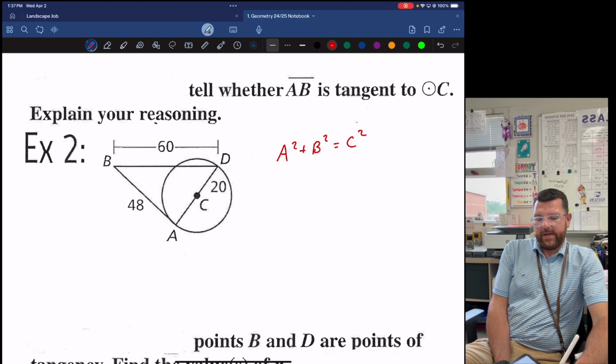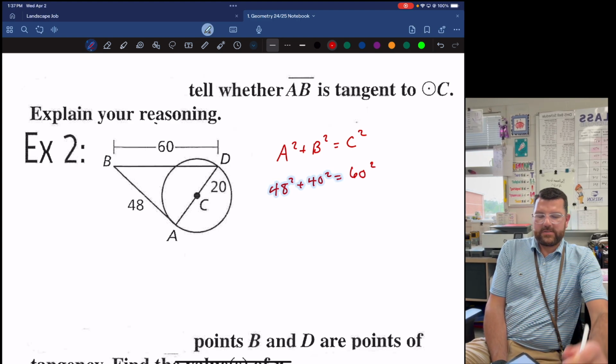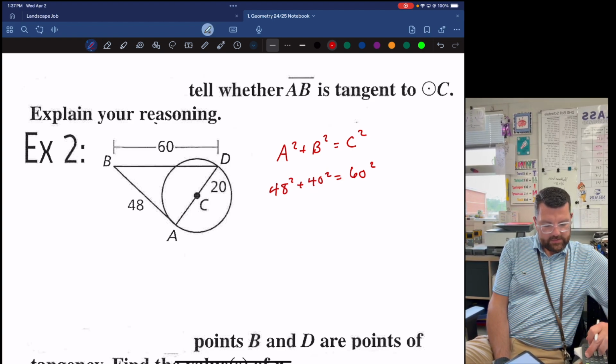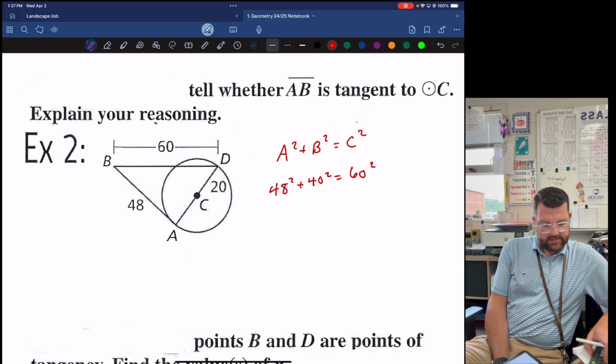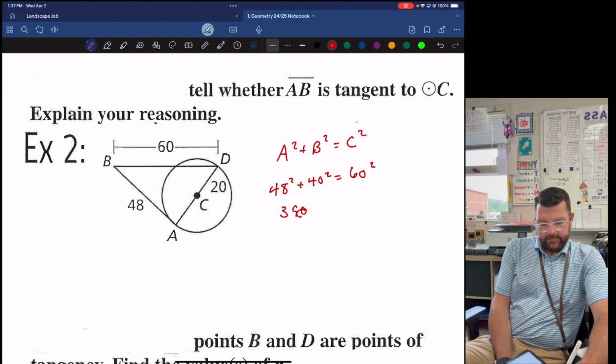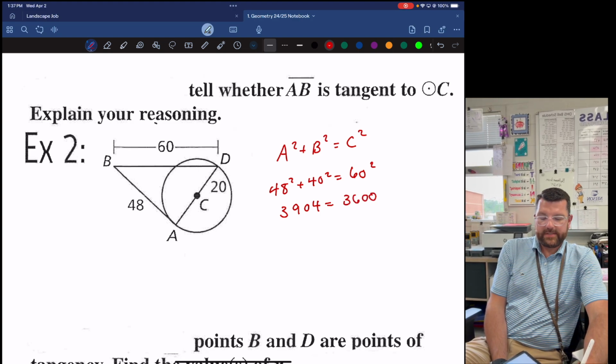The fun part is we know all of the numbers. 48 squared plus 40 squared, if it is a right triangle, should equal 60 squared. 48 squared plus 40 squared is 3,904. 60 squared is 3,600.